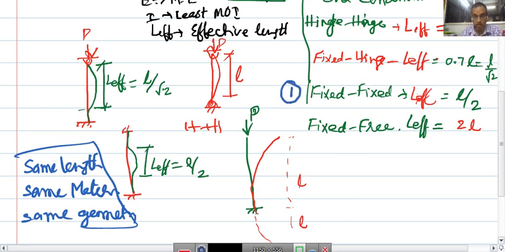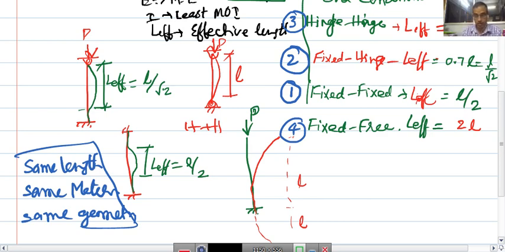Next is this, next is this, and the least is this. So, this is how we can categorize the load carrying capacity of the column based upon end conditions.